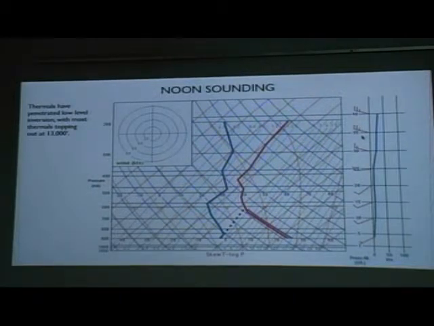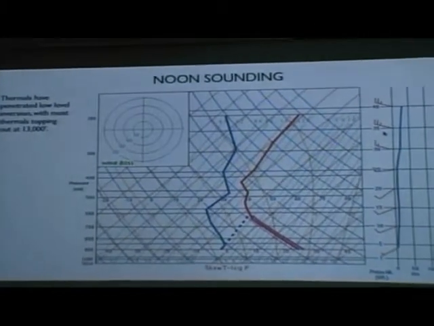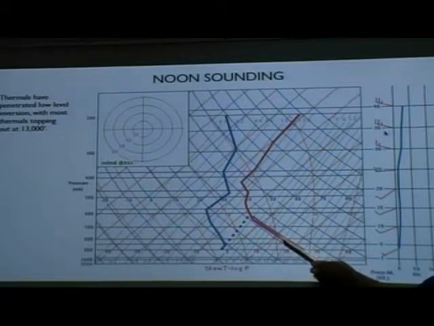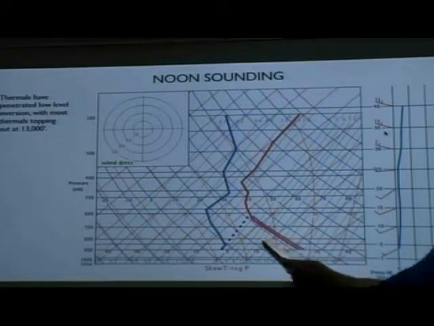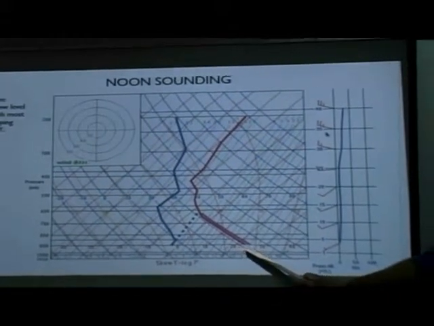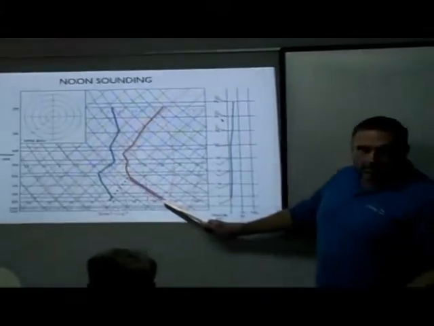So that's at noon, and once it was here and then it had the inversion here. Once it gets past that low-level inversion, I would say that this would be the trigger temperature for that day, so about 23, 24.